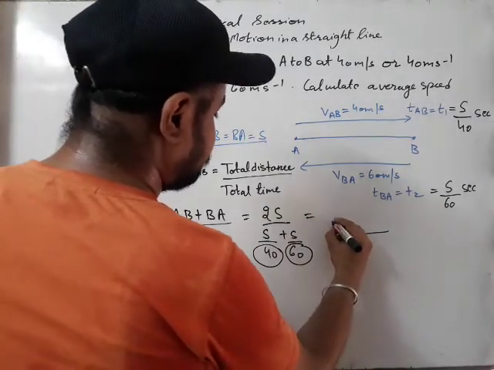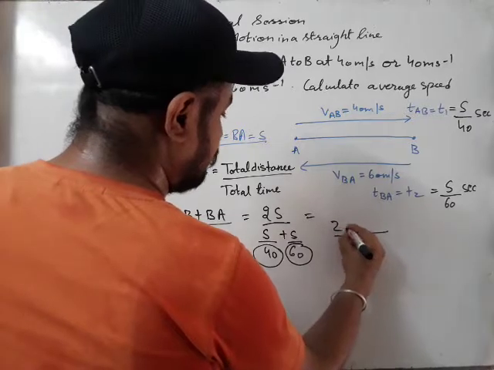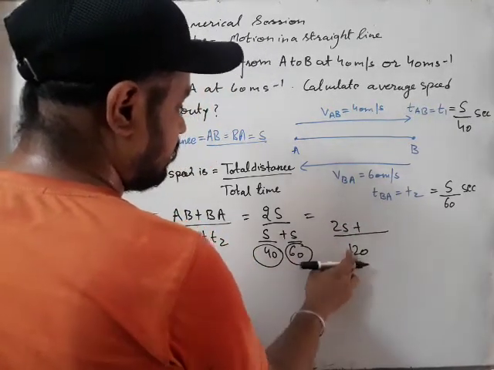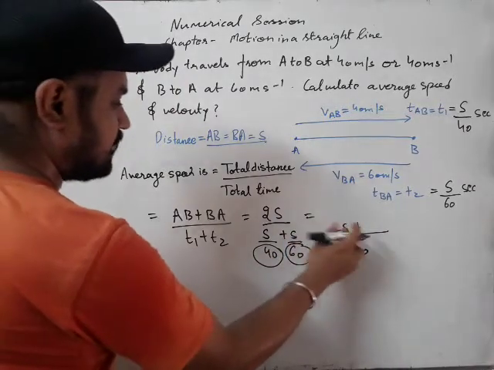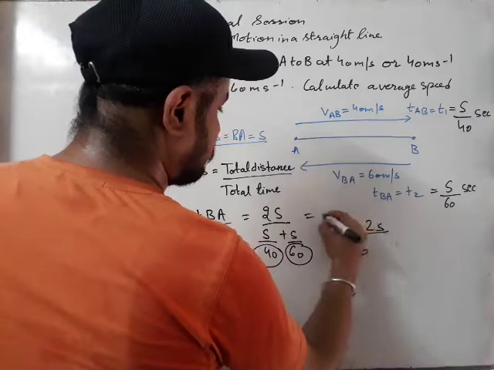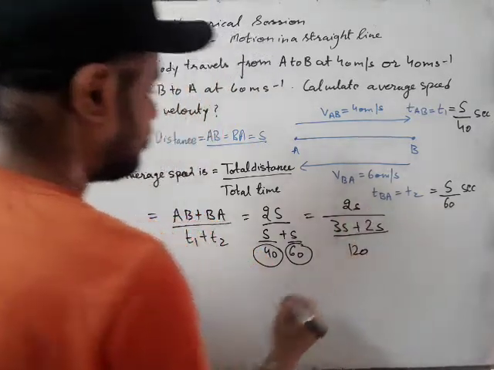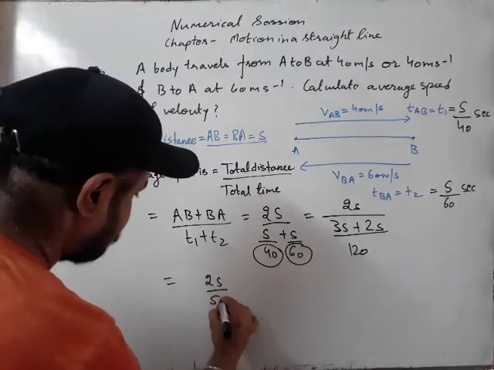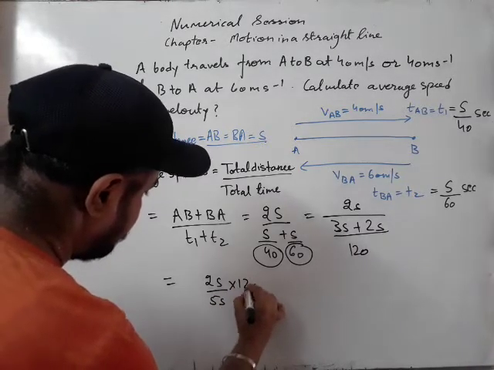So it will be 2S plus 3S over here, and in the numerator it will be 2S. So it will be 2S by 5S into 120.